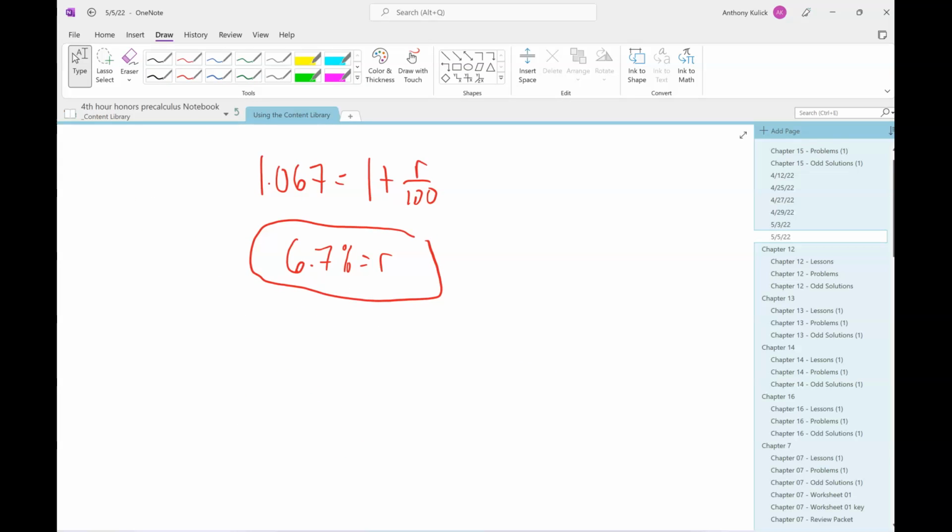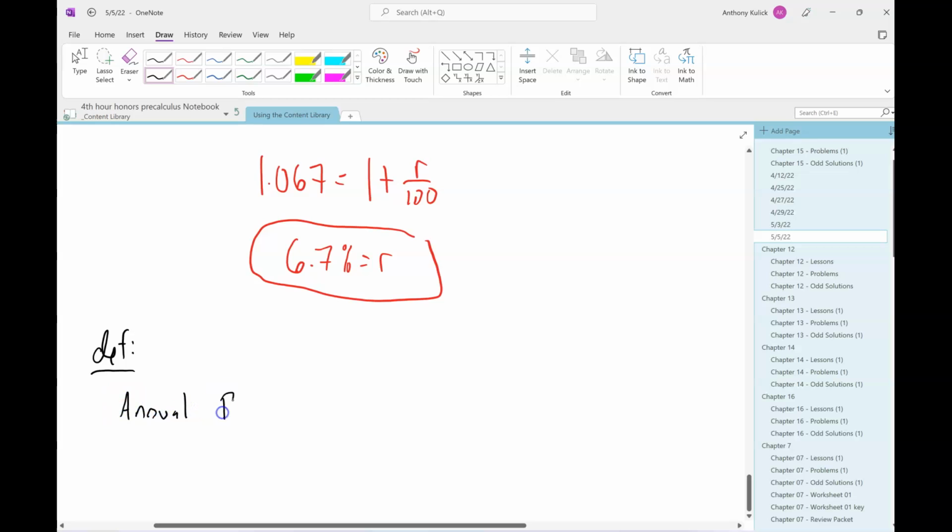We actually have a name for this. This is called the annual percentage yield, or APY.